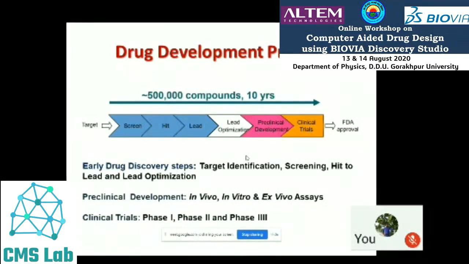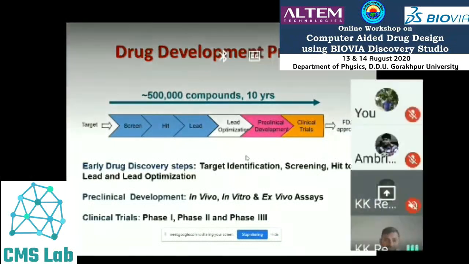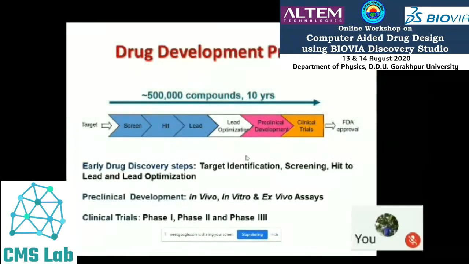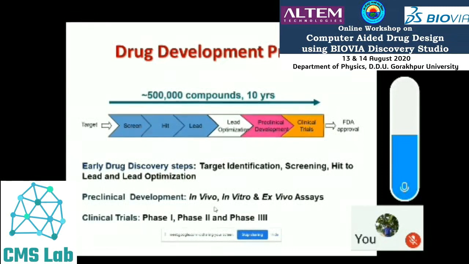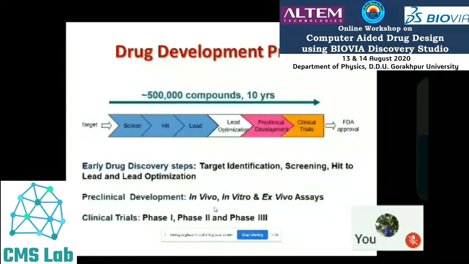Especially at this time, even the vaccine process benefits from computational techniques, not exactly computer-aided drug design, but other techniques that help make the drug discovery process simpler. In preclinical development, they do animal studies, and in the clinical trials they test the drug on human volunteers.